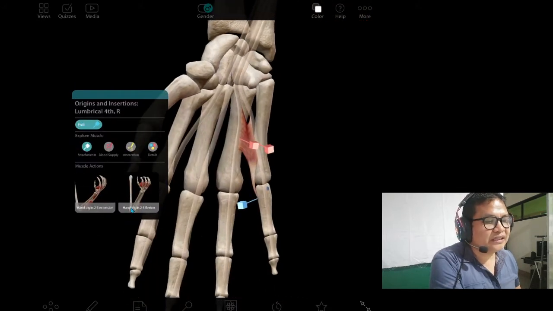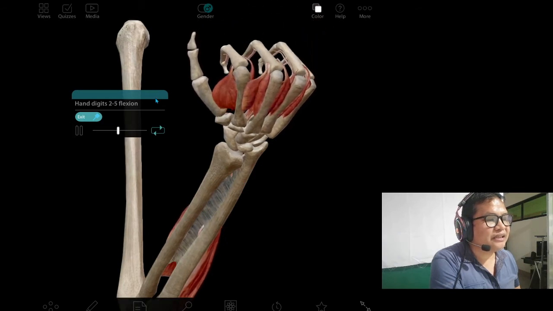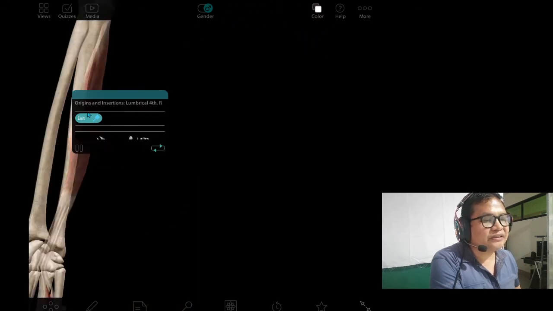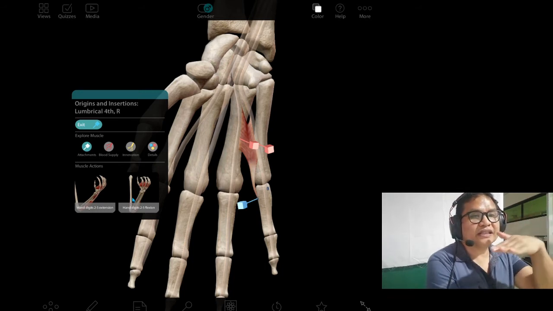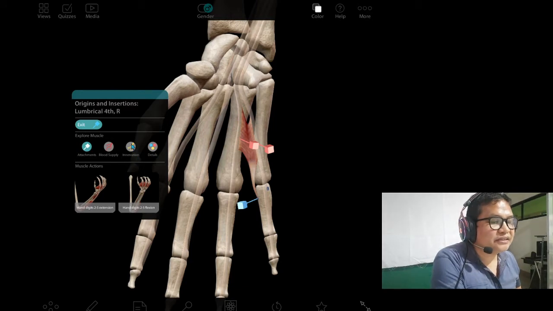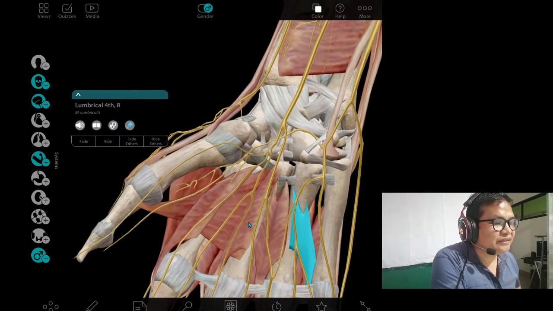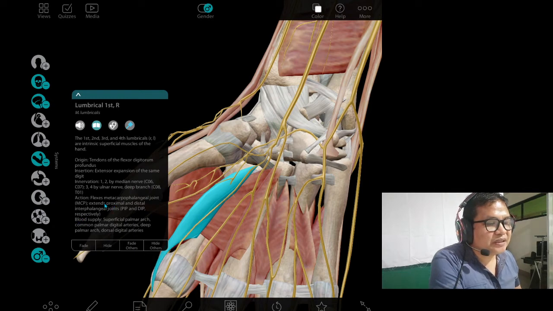So here we have the lumbricals. Aside from that, what are the other actions of the lumbricals? They extend the proximal and distal interphalangeal joints.